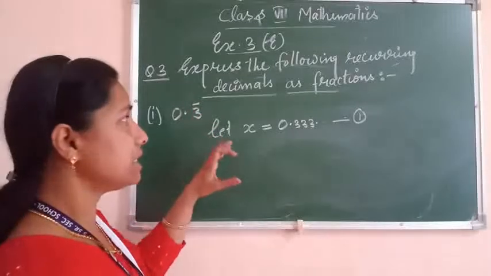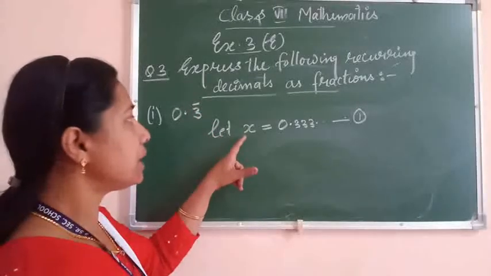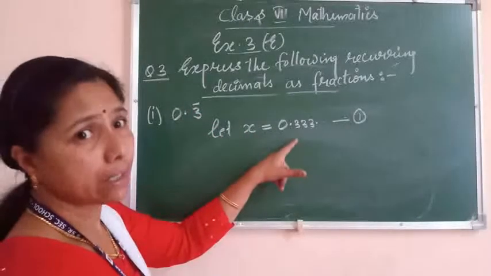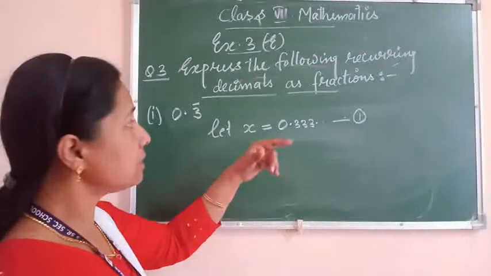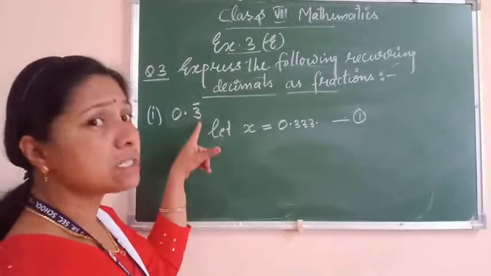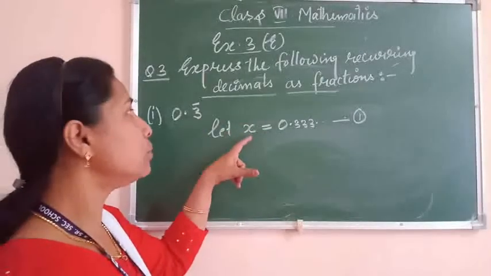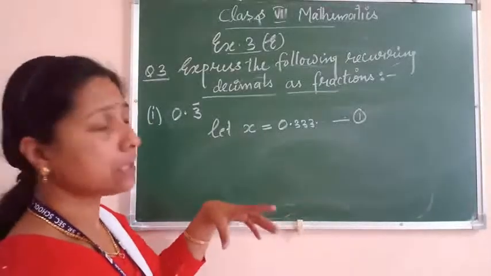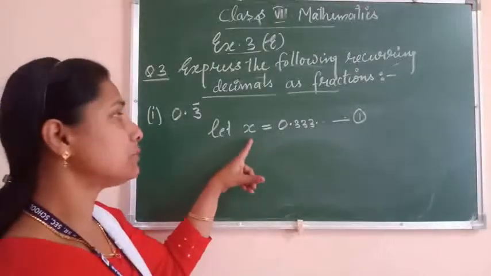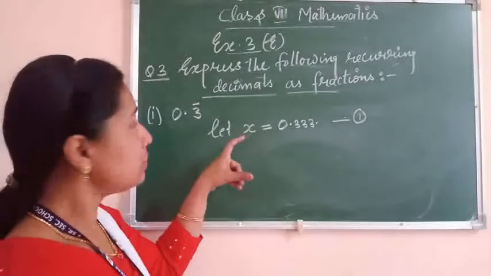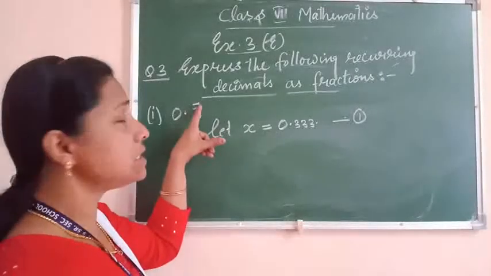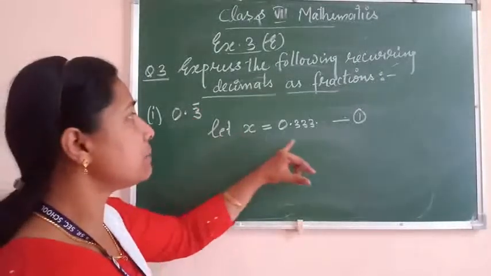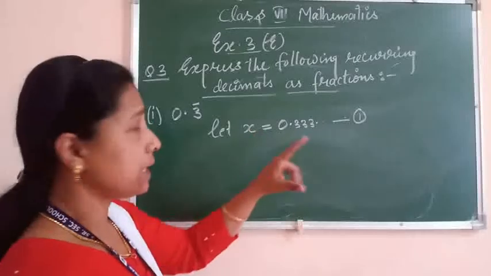That is why you have to multiply both sides of the equation by 10. If 3 digits are repeating, then you have to multiply both sides of the equation by 1000. So in this question only one digit 3 is repeating. That is why here we are multiplying this equation by 10.